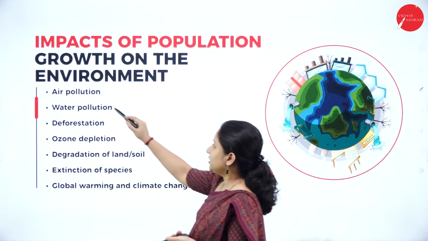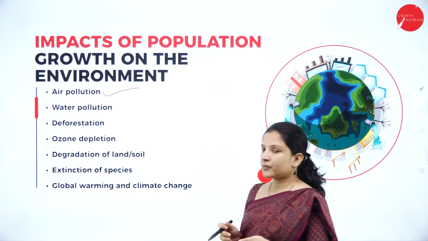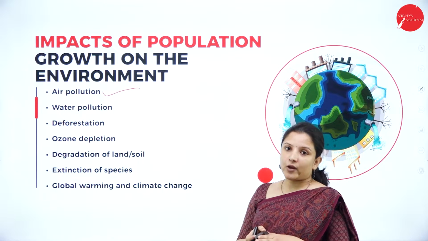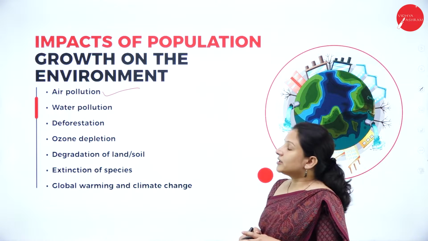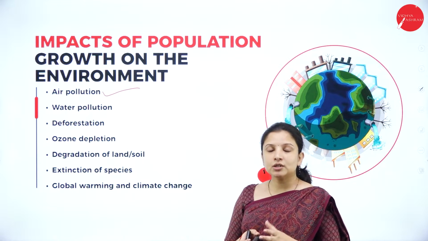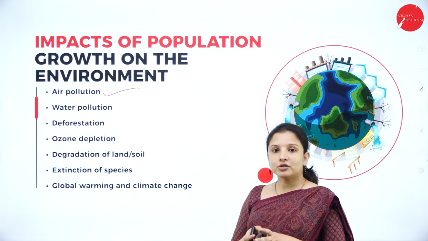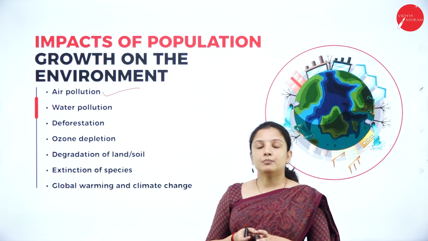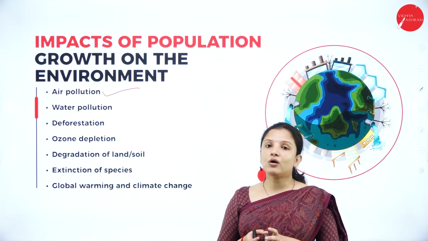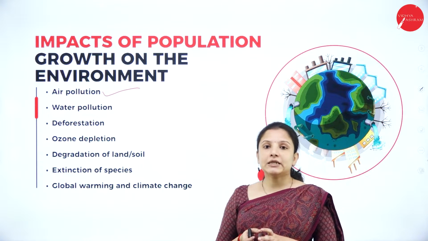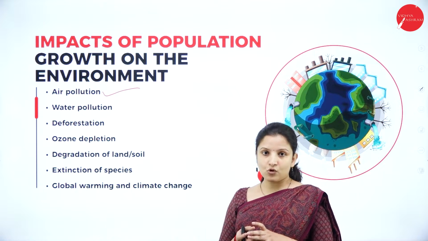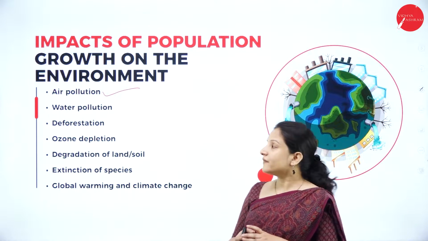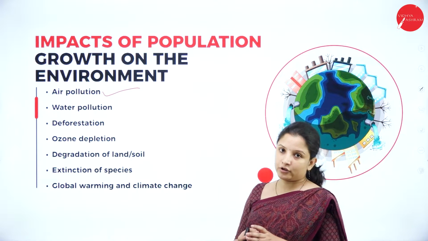First, it will lead to air pollution, because as the number of people in a population increases, the demand for good transportation, good infrastructure and number of industries all increase, leading to the release of a lot of toxic smoke into the atmosphere, therefore causing air pollution.